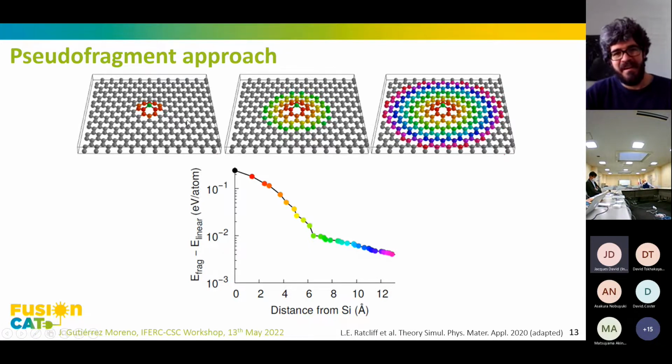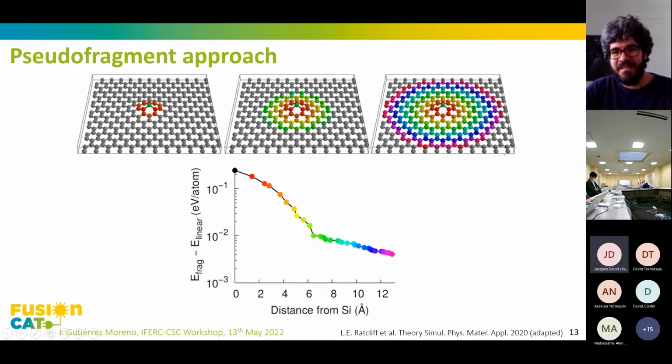If we define just 2 fragments, so we consider fragment number 1 as the 2 neighbors surrounding the silicon atom, these orange-red balls, and the second fragment will be everything else, then this will be, of course, a very rough approximation, and the error that we will get comparing this fragment approach with a normal standard calculation will be very high.